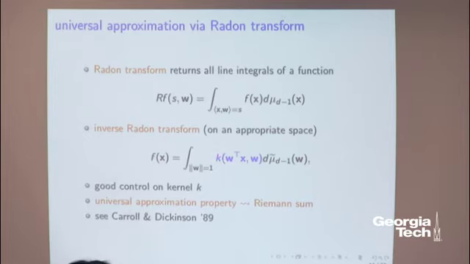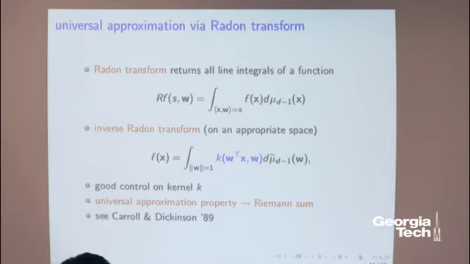I haven't written it down because it involves lots of functions and operators like the Hilbert transform and so on. But all you need to see here is that you get a representation of a function in terms of an integral, where the kernel looks a bit like the functions that you have in these shallow networks.